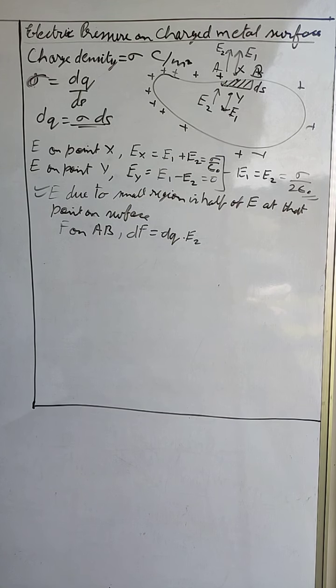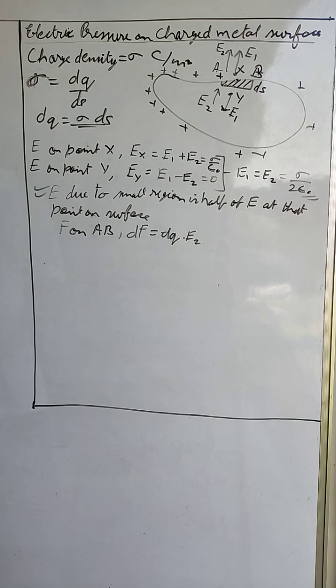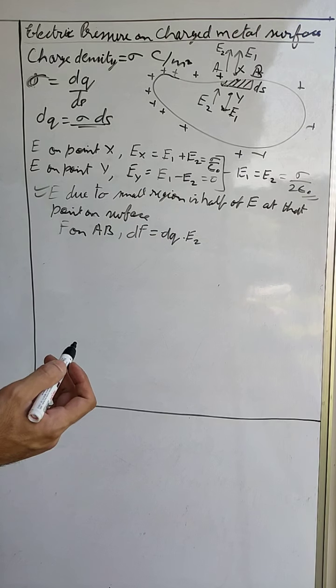We are not taking E1 because E1 is produced by the surface ds itself. When the surface produces an electric field by itself, it does not exert any force on itself. The force is applied only by the other surface or other charges. So we will take only E2 and not E1.